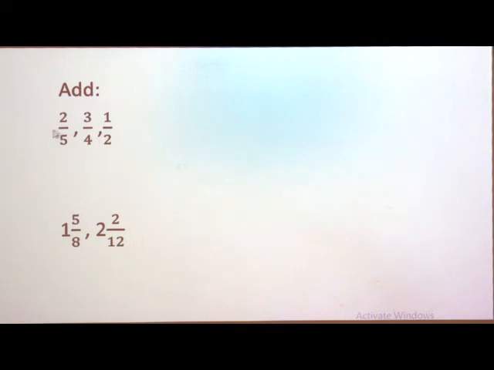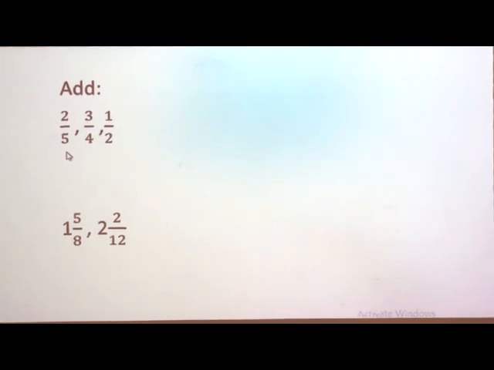Then what do we have to do? Yes, you are right. We first find the LCM and make the fractions with the same denominator, that is, like fractions. So we will solve the examples given here one by one.